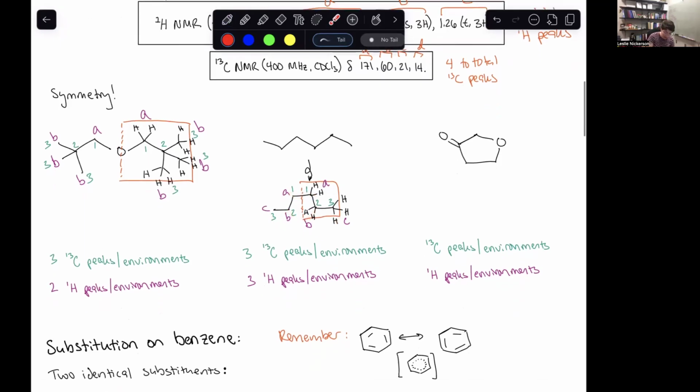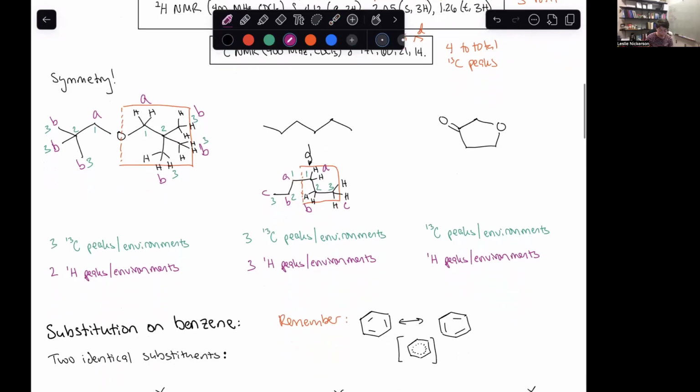For our last example, the only plane of symmetry is actually in the plane of the screen right now. So when we're looking at our protons, we can draw those in. And we saw in the model that the 2 H's on each carbon are both mirroring each other in terms of the wedge and dash. But we don't have any other mirrors splitting this molecule.